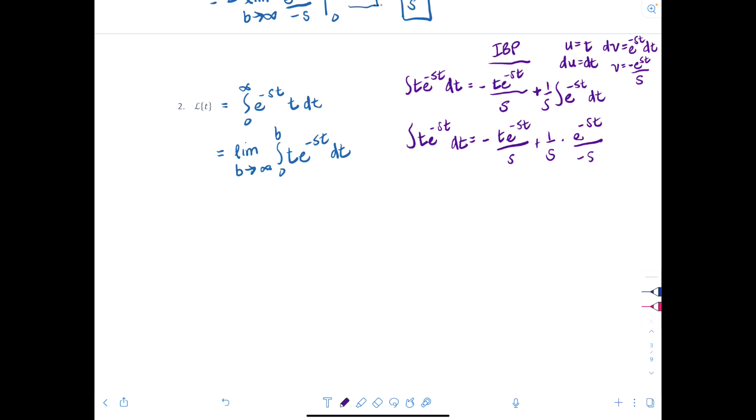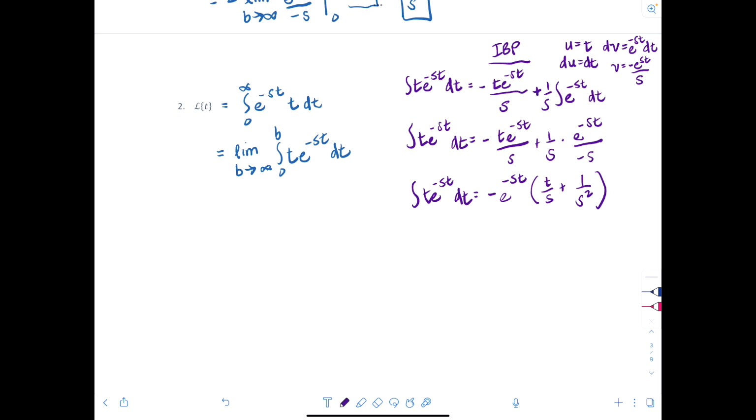Groovy? And so the integral of t e to the negative st dt will be equal to, let's see, both of them have an e to the negative st, and they're both negative. So I'm going to factor out an e to the negative st, and then we'll have left over t over s plus 1 over s squared. Groovy?